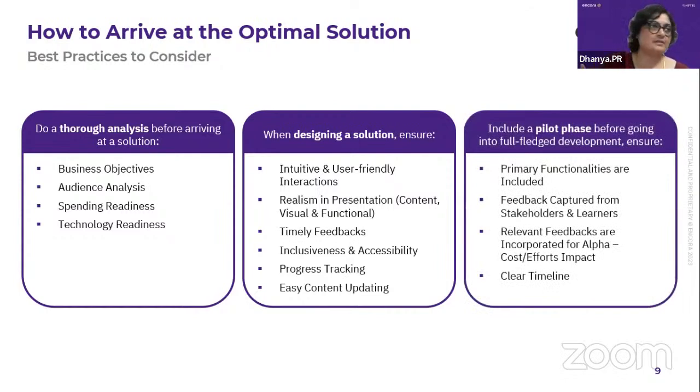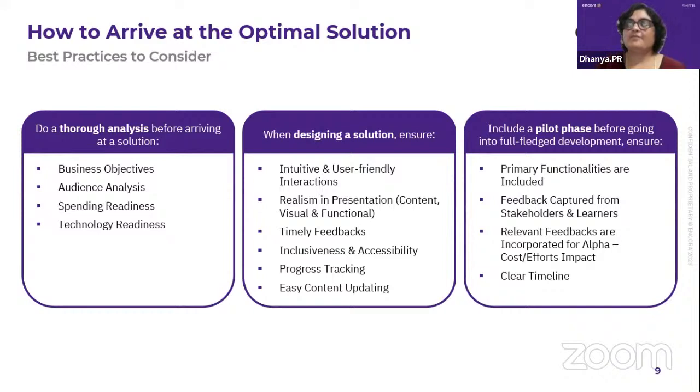But before going all out and creating the whole solution, we should consider a pilot phase. Consider all the primary functionalities that must be included. Then when you create a pilot, run it through a considerable number of people if possible. Capture feedback from both stakeholders and learners. Do not limit it to only one group, but get it from all of them.